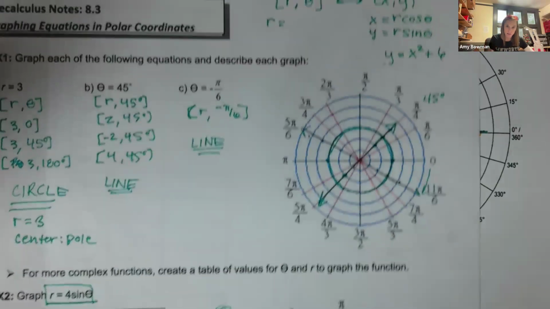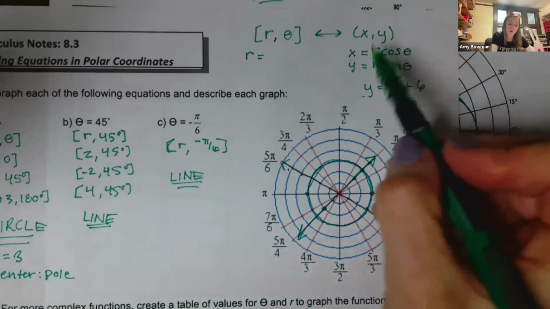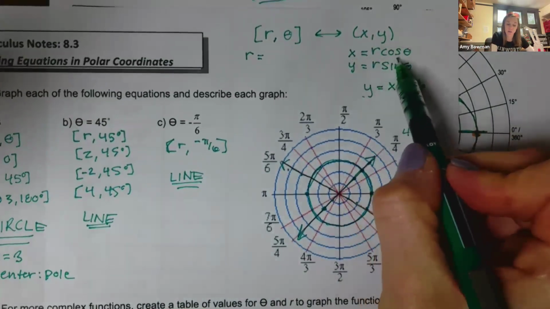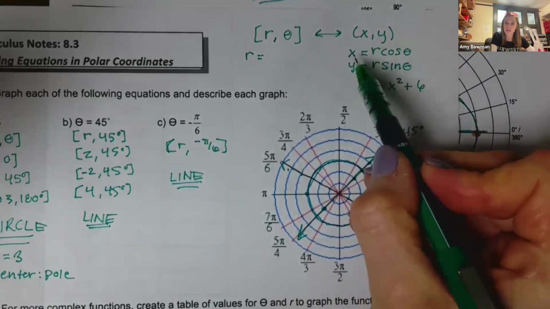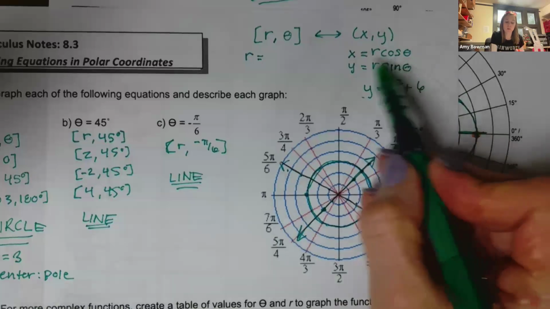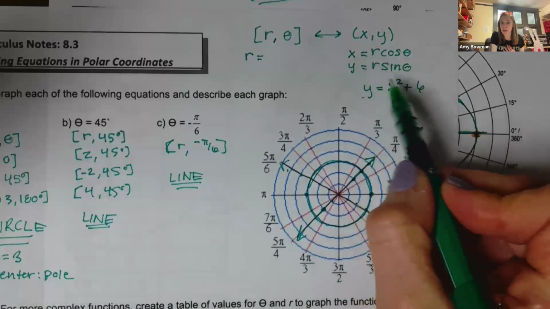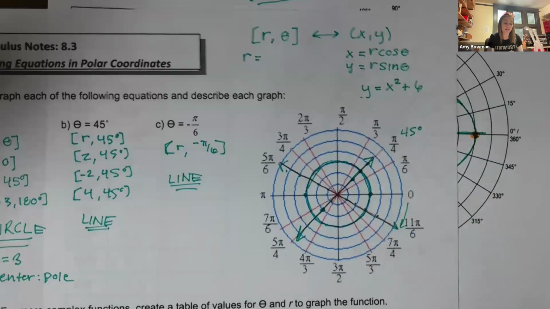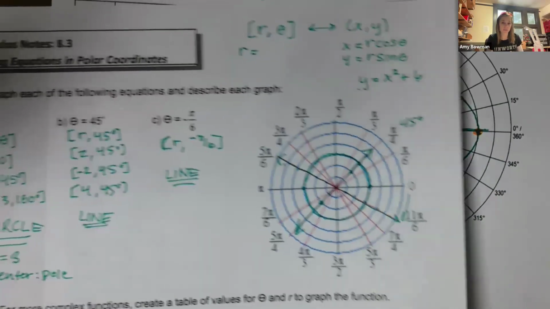So last class, you guys remember me saying we will always be able to associate cosines with x's and sines with y's, or cosines with horizontal symmetry and sines with vertical symmetry. So we're going to see that in all of our graphs of polar equations.